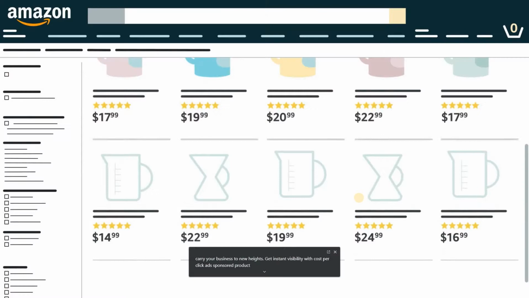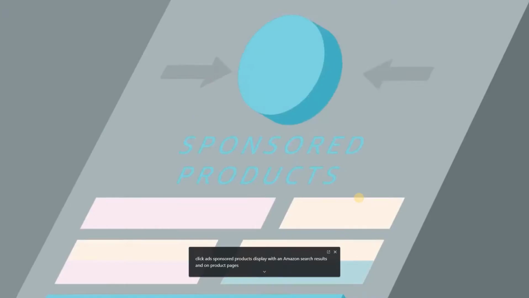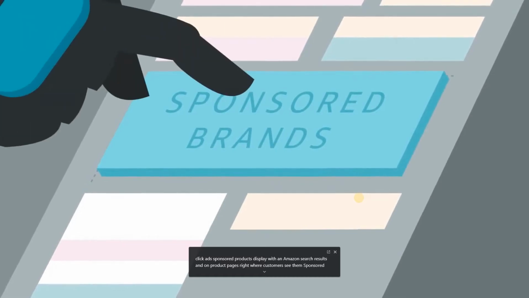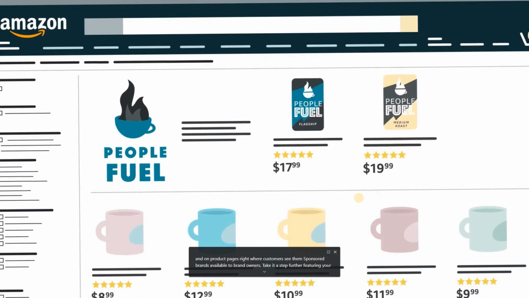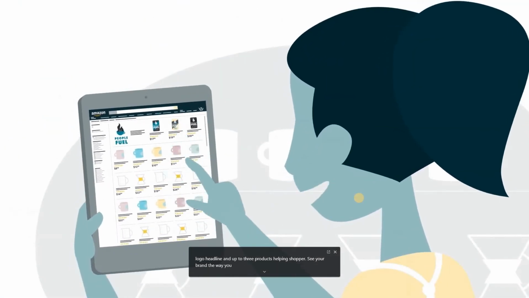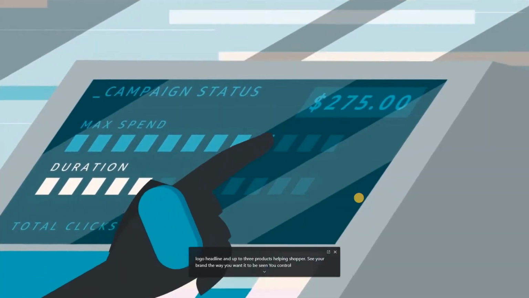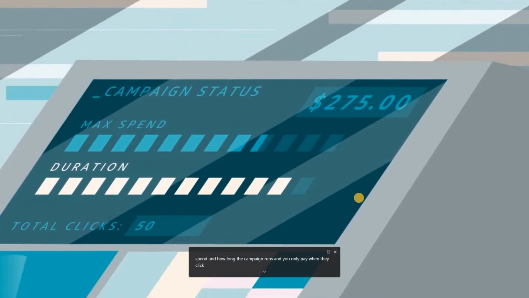Sponsored products display within Amazon search results and on product pages, right where customers see them. Sponsored brands, available to brand owners, take it a step further, featuring your logo, headline, and up to 3 products, helping shoppers see your brand the way you want it to be seen. You control how much you spend and how long the campaign runs, and you only pay when they click.